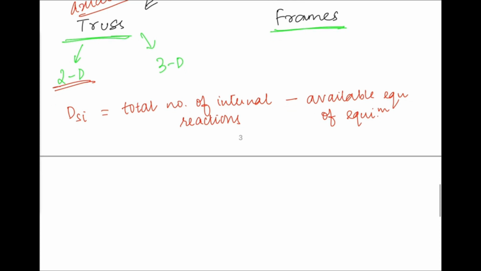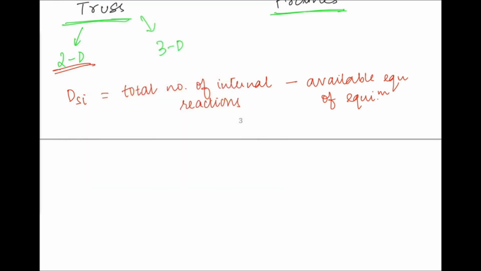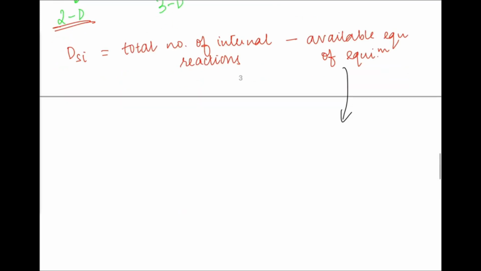So first, to find the available equations of equilibrium, what we know is that for each joint in a 2D truss, it will have summation Fx equal to 0 and summation Fy equal to 0. Okay, so you have these two equilibrium equations for each joint. So from there, what we get is 2j, and you subtract the available equations of static equilibrium, because you already have those three, you remove them from here.